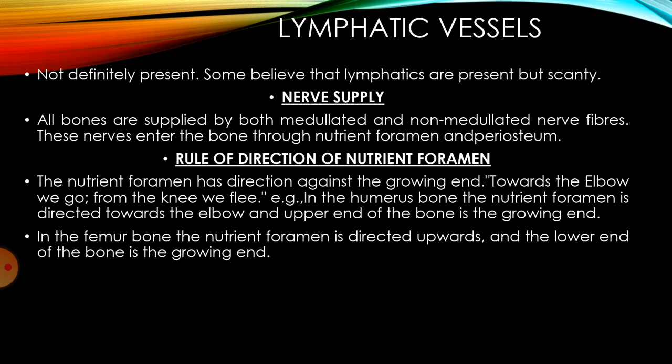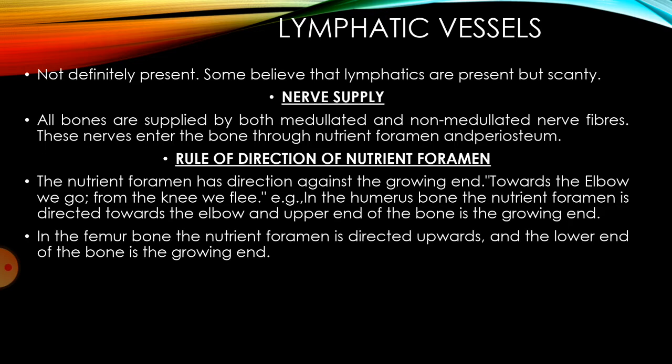So the nerve supply of the long bone is myelinated and non-myelinated. These nerves enter the bone through the nutrient foramen and periosteum. Another important point is the direction of nutrient foramen. Just remember that the nutrient foramen will be present in the opposite direction of the growth of the long bone.